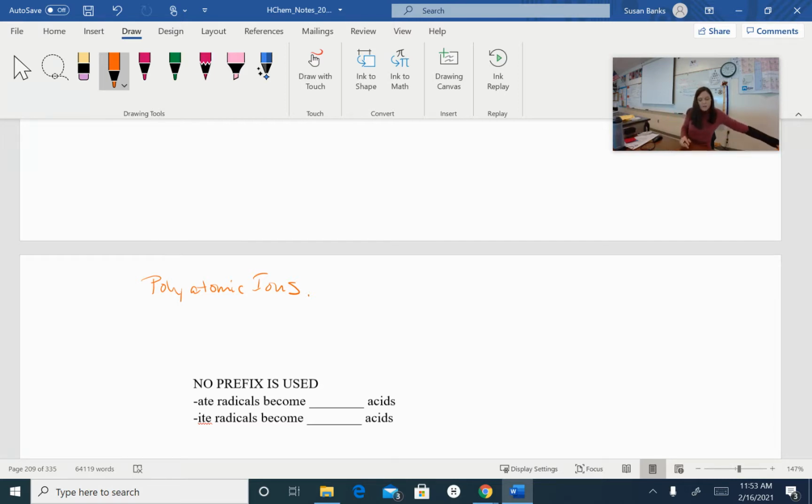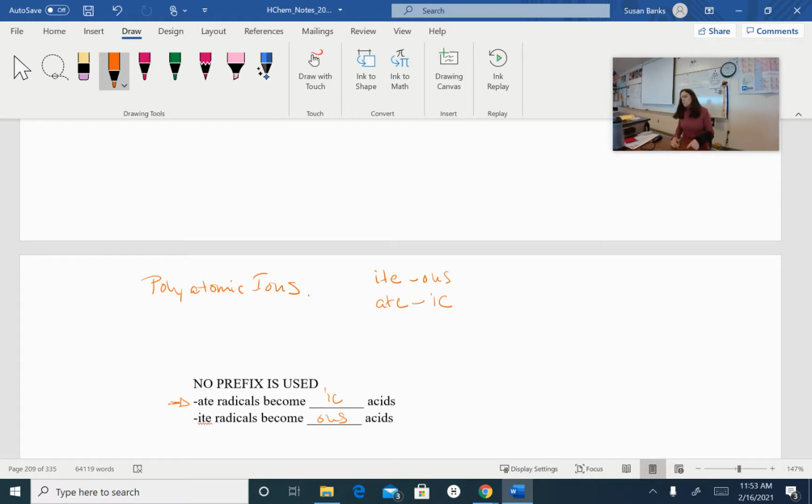Now if you remember, we had a bunch of polyatomics that ended in ITE, and we had some polyatomics that ended in ATE. The ATE polyatomics become ic acids. We change ate to ic. And the ite polyatomics become ous. So we change the ite to ous.